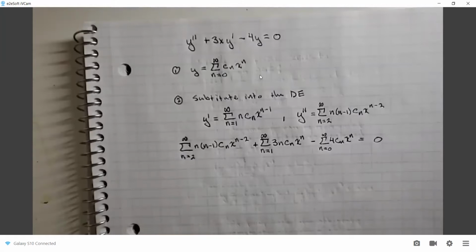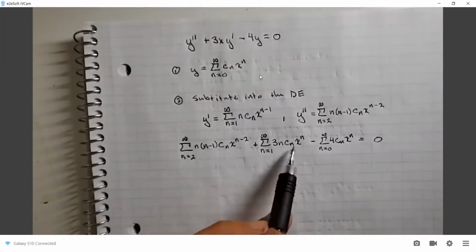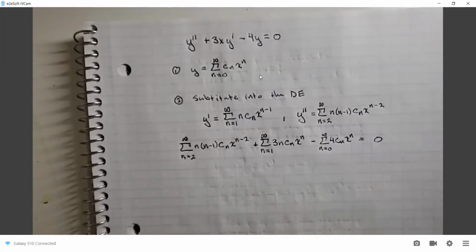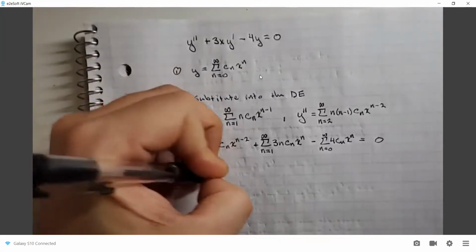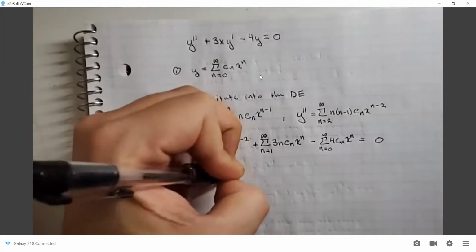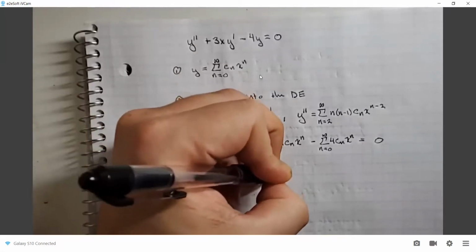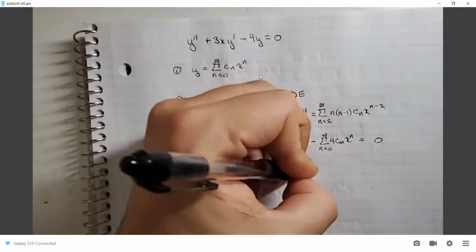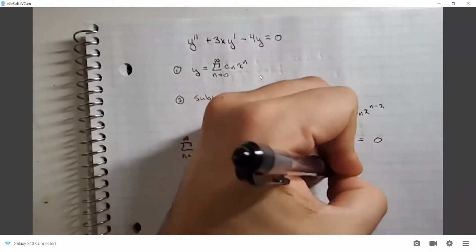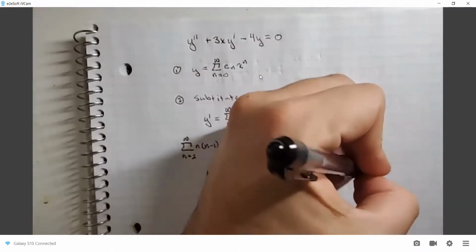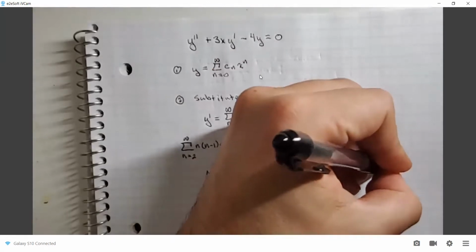Okay, so let's focus on making the exponents the same power first. So let's make all the exponents the same. How can we do that?